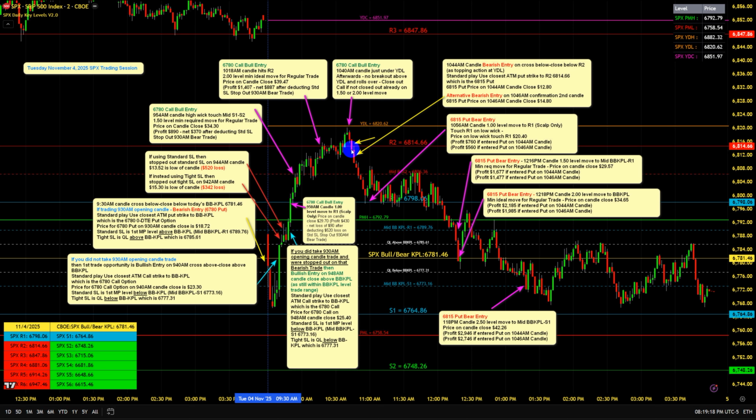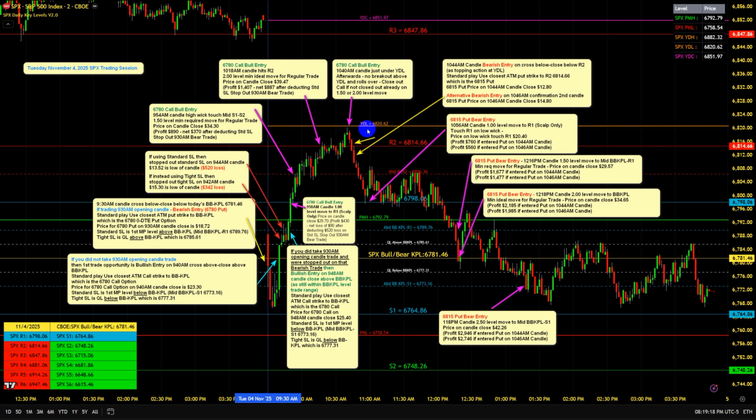Then it slices through the R2 level here. Then this wick goes back up to the R2 level. So this topping action here, combined with this YDL level being right here, along with this huge chasm of space here, this is basically 70 plus points.